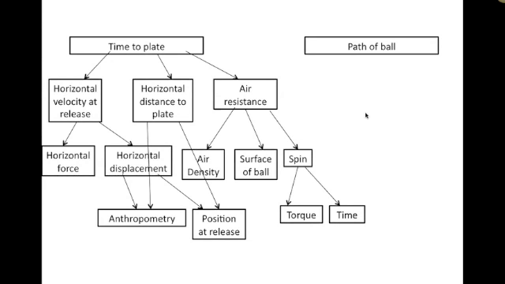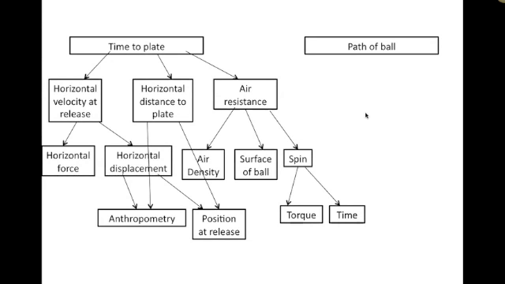The horizontal displacement of the ball may be greater if the pitcher is taller and has longer limbs. The other two factors that affect the time it takes for the ball to reach the plate are the horizontal distance to the plate from the point of release and the horizontal component of the forces exerted on the ball by air resistance during its flight.